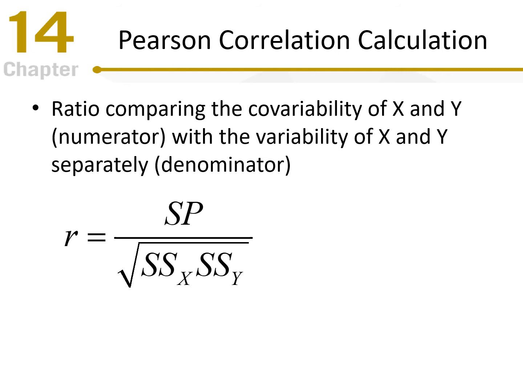It's the deviation scores squared, and then you add them up. So you find the deviation score, you square it, and then you add it up for x. You find the deviation score, you square it, and then you add it up for y. And those are your sum of squares. And then you take the square root of that product. So a very basic way of calculating the correlation.